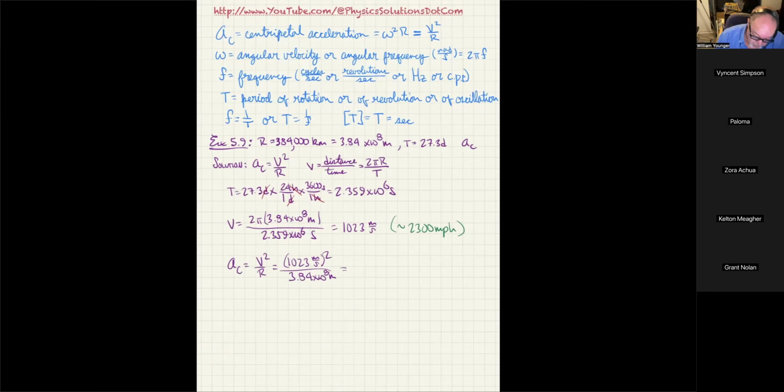So 1023 squared is a big number, and then we're going to divide it by parentheses 3.84 times 10 to the eighth.